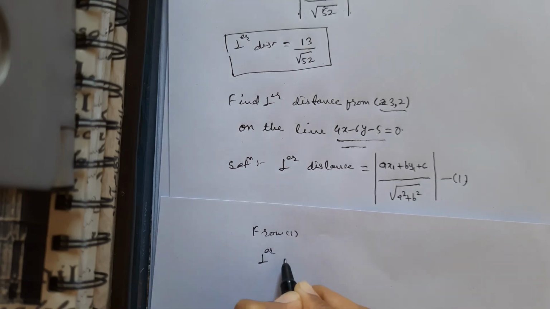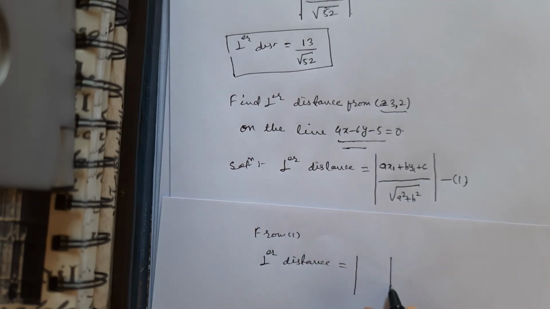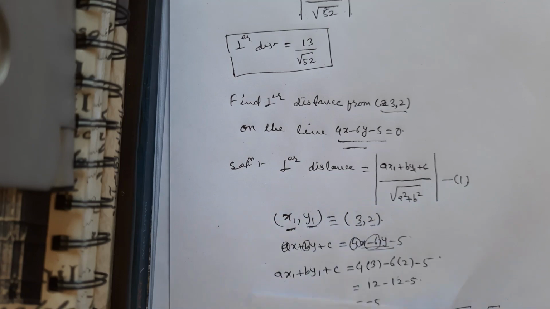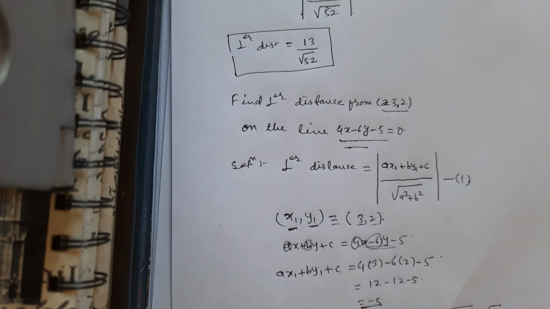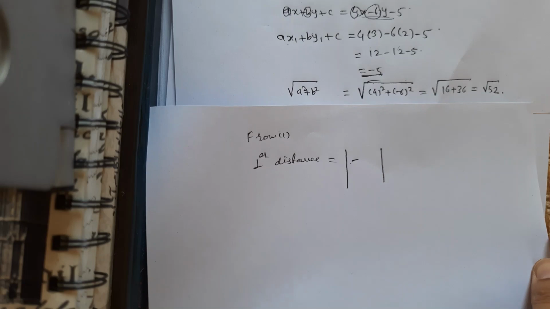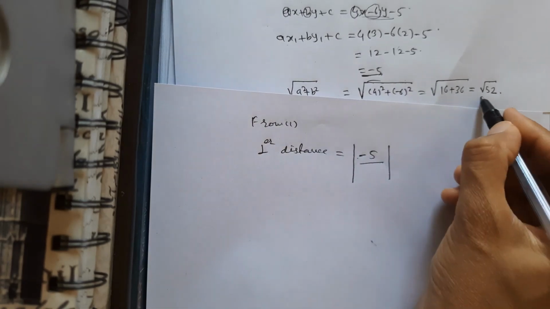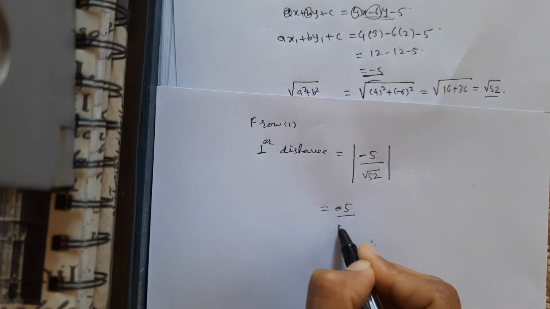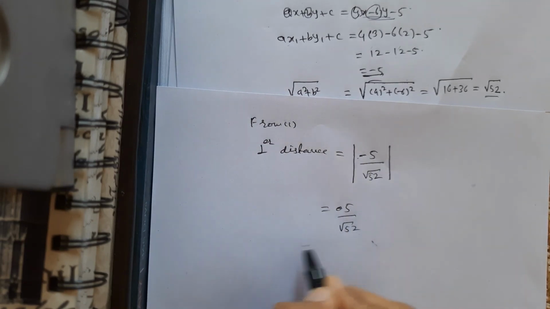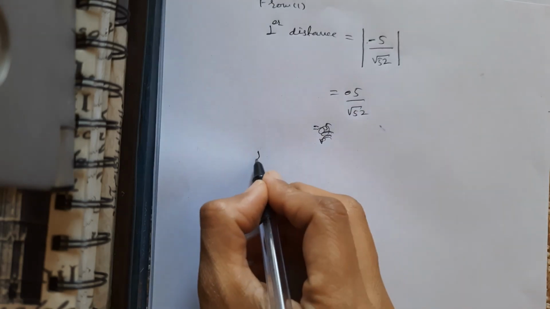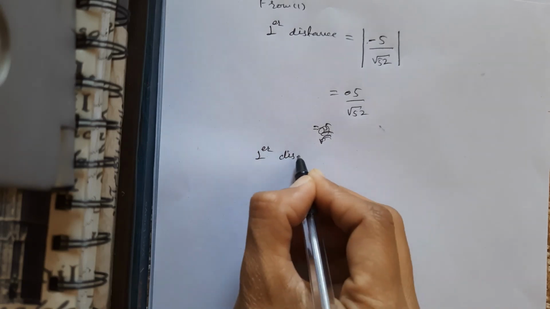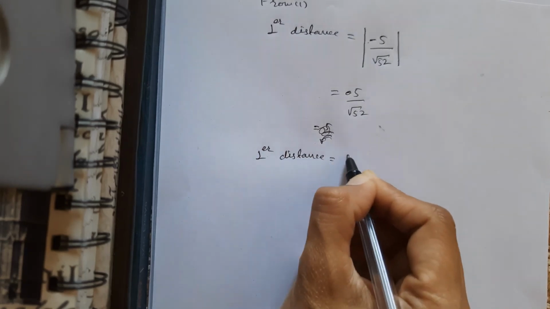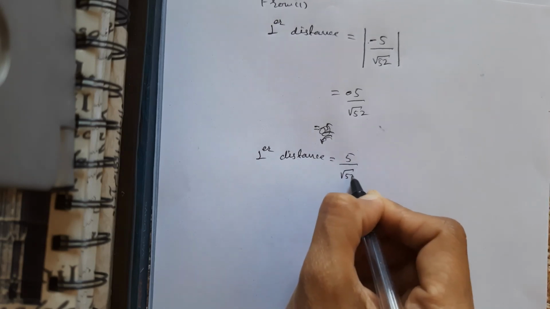We get perpendicular distance equal to mod of my numerator, which is minus 5, upon root 52. So I'll get 5 upon root 52. So the perpendicular distance is equal to 5 upon root 52.